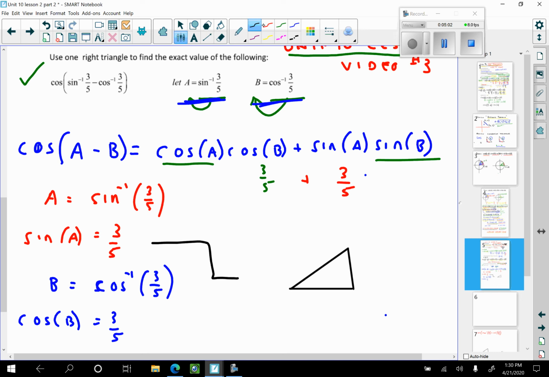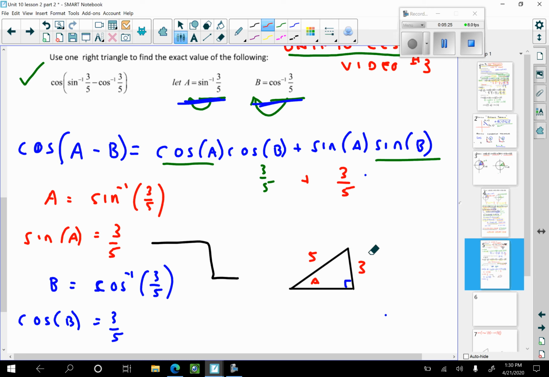This is, like I said, a strategy that we use a lot in calculus. I'm going to let this angle right here be A, and I'm going to use the fact that the sine of A is 3/5. If the sine of A is 3/5, by the geometric definitions of the trigonometric ratios, the sine is the opposite over the hypotenuse.